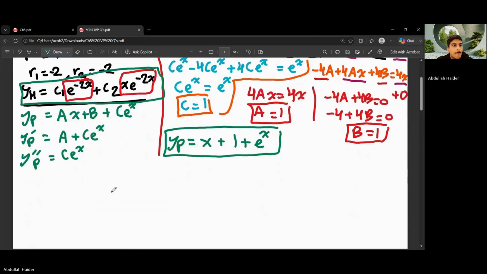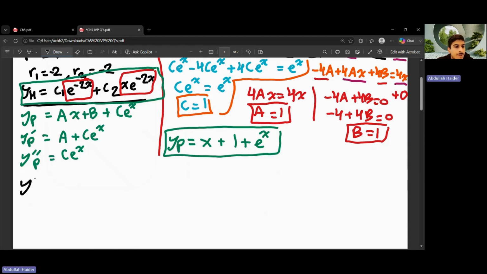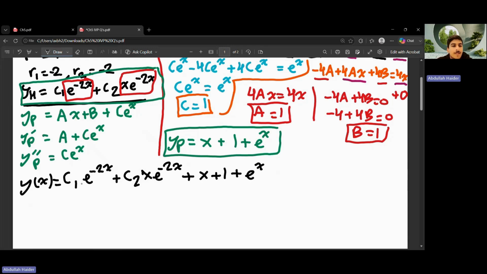So our y of x is equal to the homogeneous solution plus yp. C1 e power minus 2x plus C2 x e power minus 2x plus x plus 1 plus e power x.